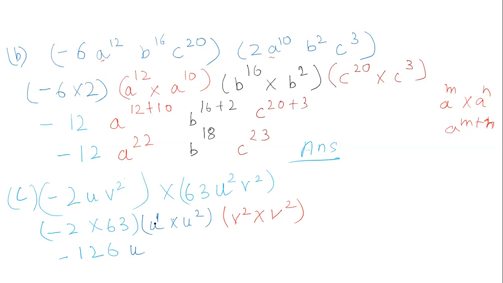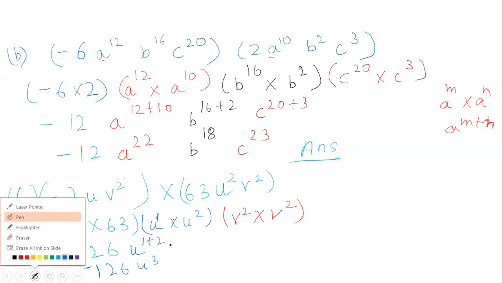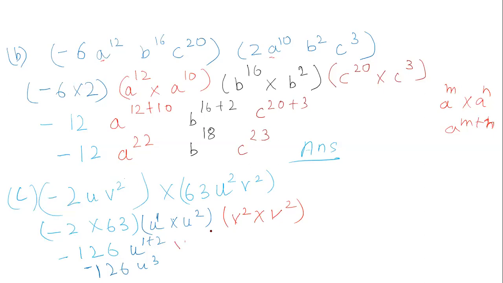U raised to the power 1 plus 2. अब 1 plus 2 u raised to the power 3 हो जाएगा minus 126 हो जाएगा. ठीक है, और आपके पास आ गया v raised to the power 2 plus 2, that is v raised to the power 4. So your answer is minus 126 u cube v4. That is your answer for this question.